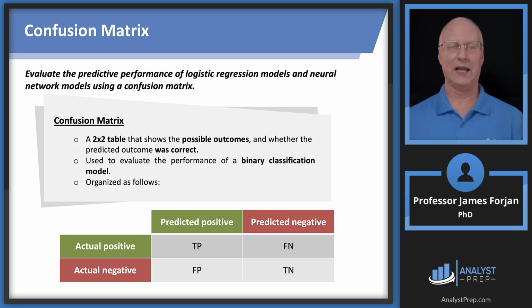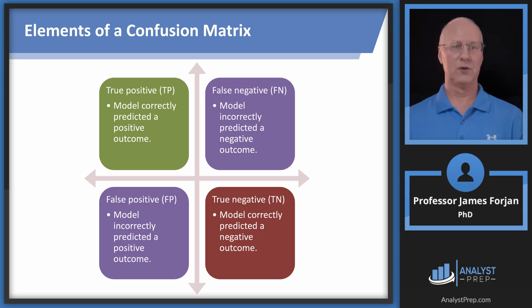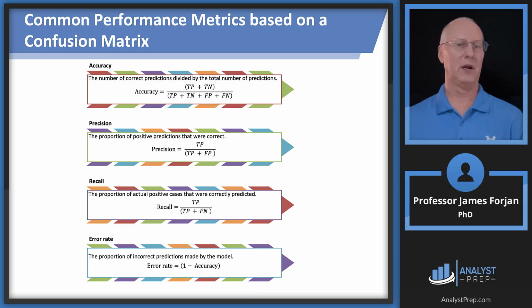This is a binary classification model. And so this is going to help us eliminate the confusion between what we're going to do. So look, true positive and true negative: model correctly predicted. False positive, false negative: incorrect prediction. All right, so what does that mean? Now, here's where I'm going to let you guys decide on your own.